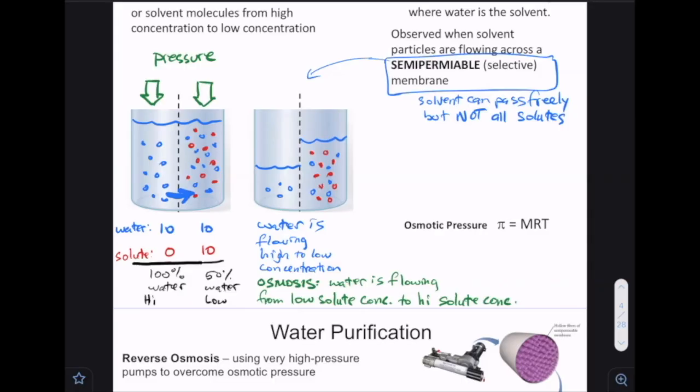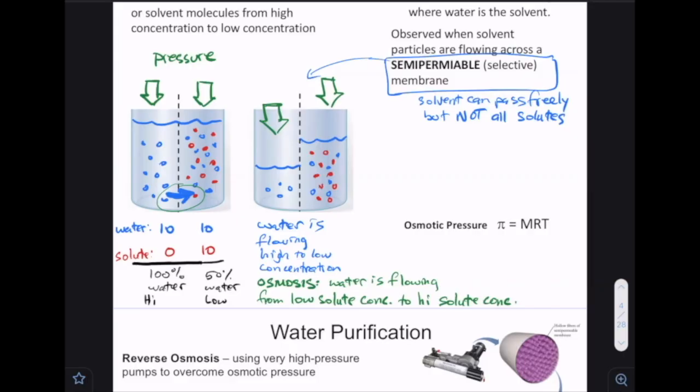But at some point, we've got another force. Whoops. We have another force at play here. Because now we've got this pressure of the water flowing due to osmosis. Before we had those red particles in there, everything was equalized, and the levels on both sides of the compartment were the same because there was no net flow, and the only pressure was the same coming down on the surface.